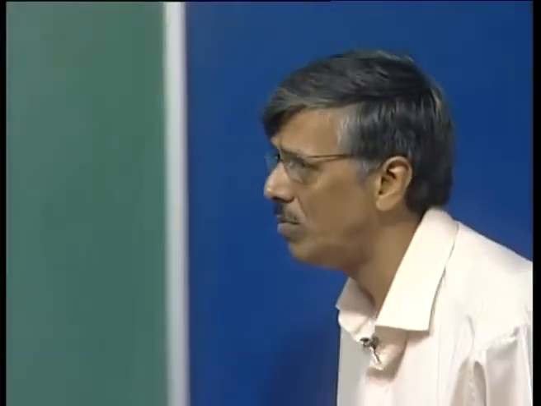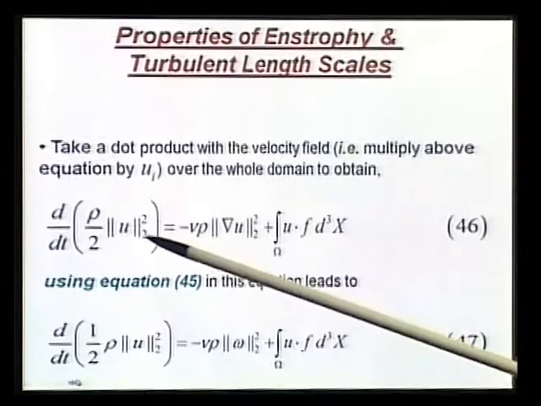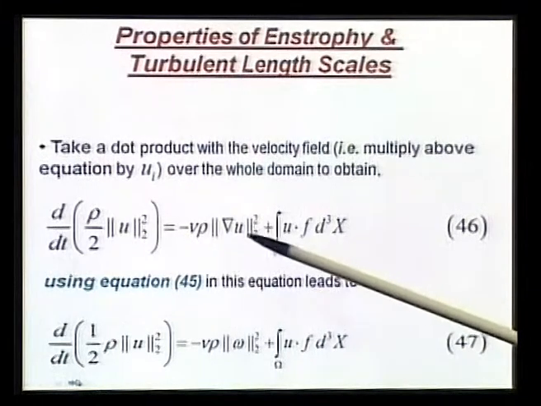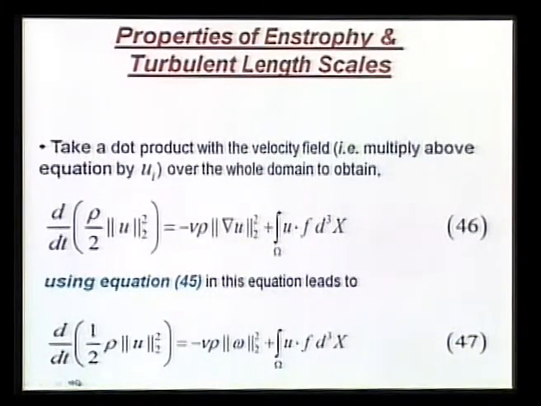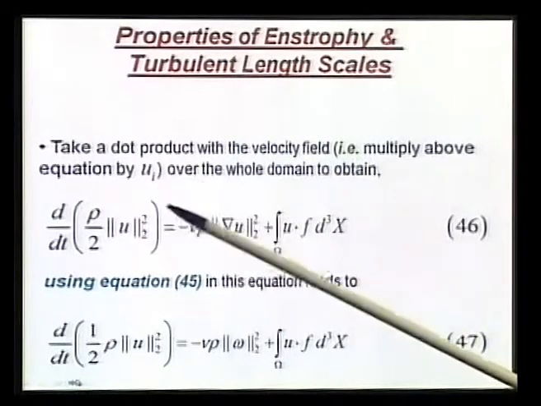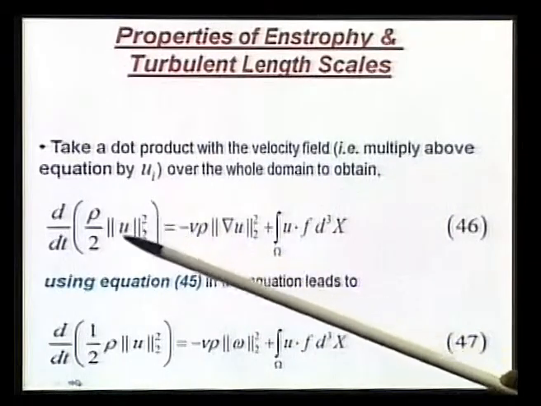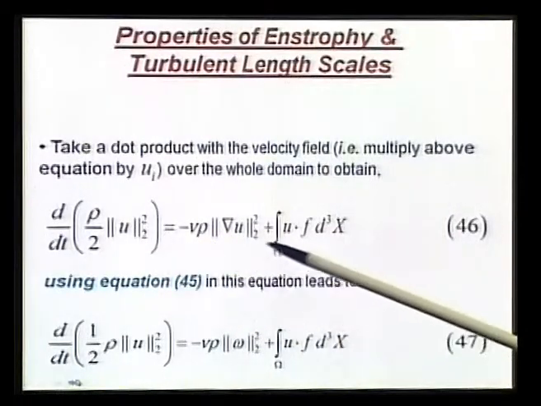If we start writing out again the energy equation for the velocity field as it is written there, this is what we get if I take the momentum equation and take a dot product with the velocity field. Then we get the time rate of change of kinetic energy, which is given in terms of this.